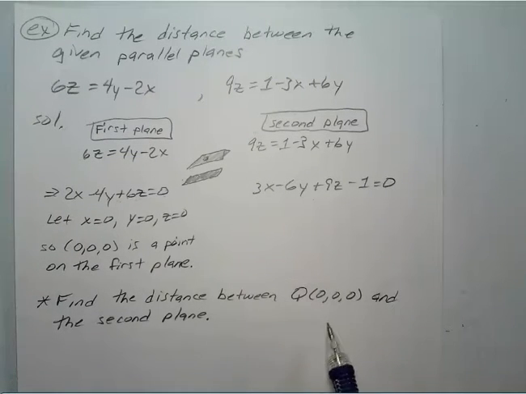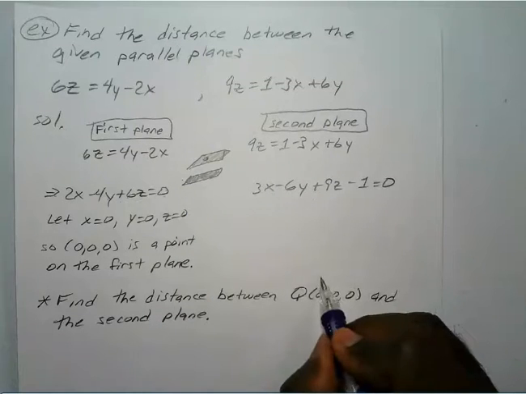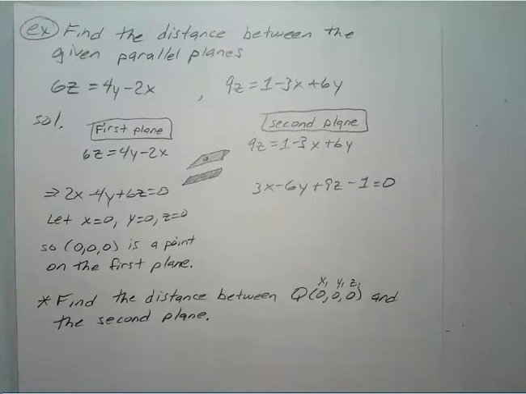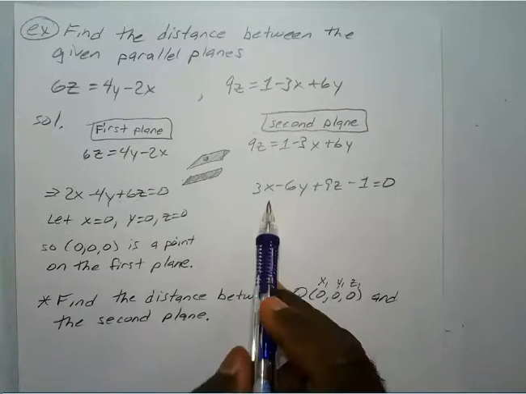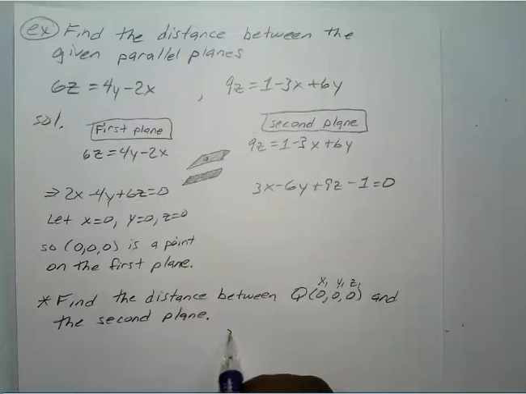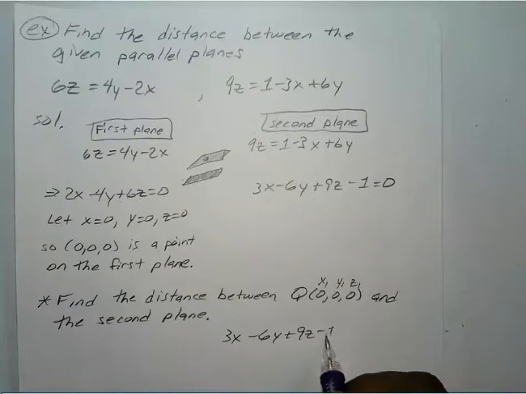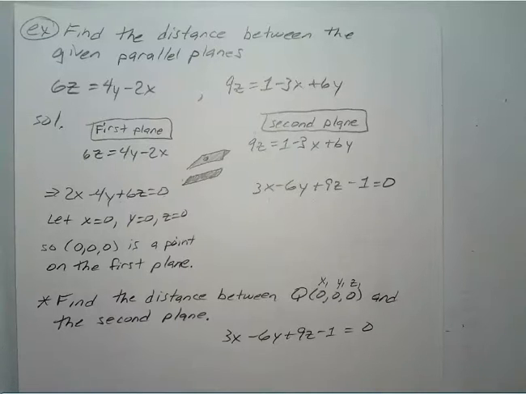Remember, Q is the point off of the plane, so that would be our x1, y1, z1. And our second plane is 3x minus 6y plus 9z minus 1 equals 0. Remember just how we did before: a is equal to 3, b is equal to negative 6, c is equal to 9, and d is equal to negative 1.